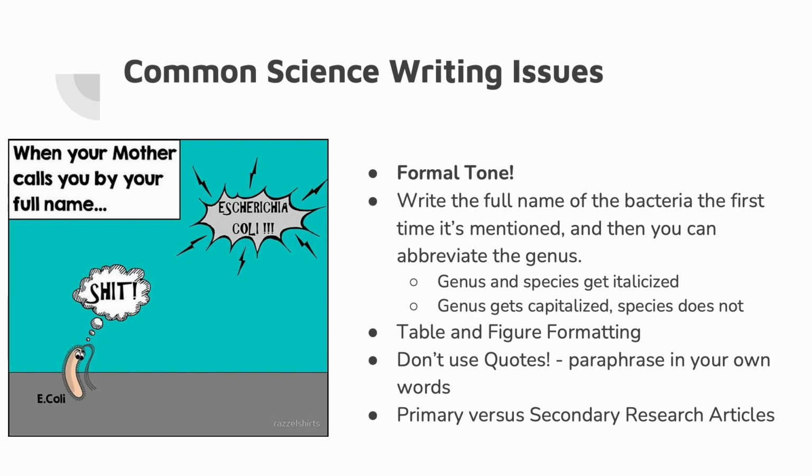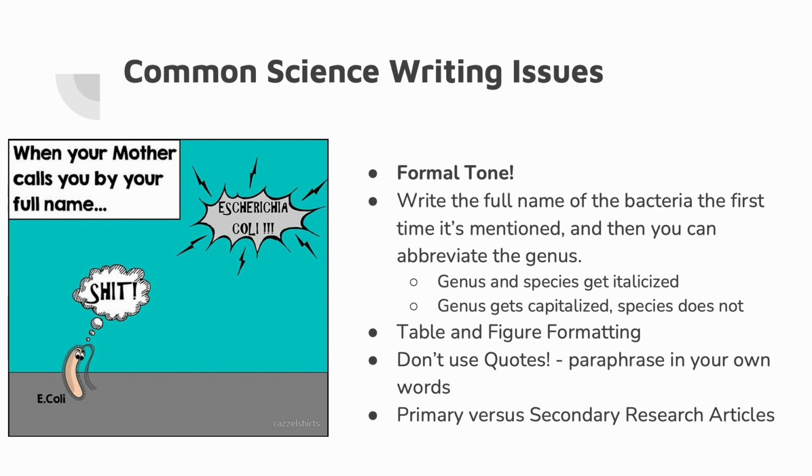The other one is formatting of bacterial names, scientific names. When you write it out, a lot of people will abbreviate, and abbreviations are okay, but make sure that you write it out the first time, the full genus and species, the first time you mention it, and then you can abbreviate.